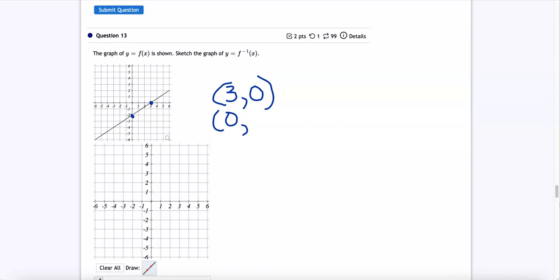So for the inverse, I want to switch the x and y. And plot one of the points at 0, 3. And the other point at -2, 0.